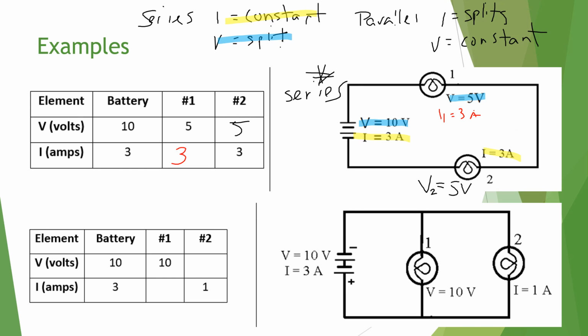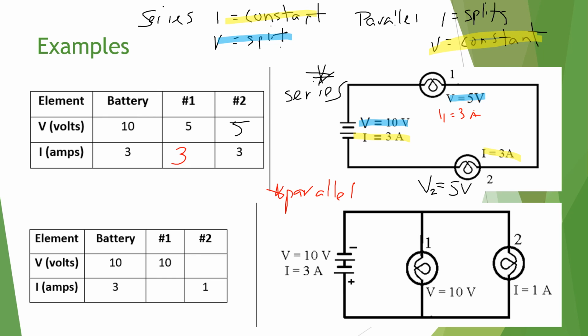Okay, let's do this next example here. So now we need to recognize that we have a parallel circuit here, more than one path for the electrons to flow. So in a parallel circuit, voltage is constant.